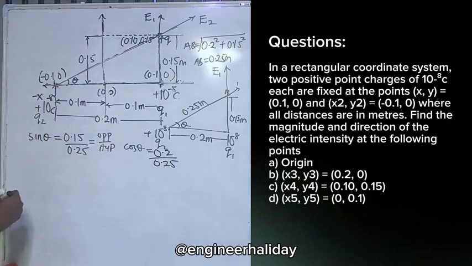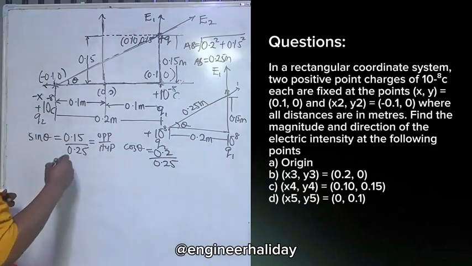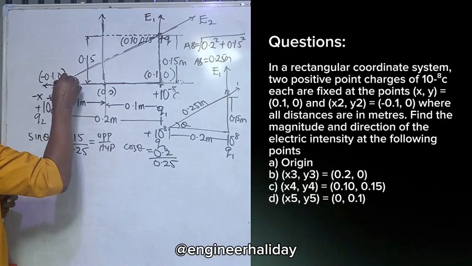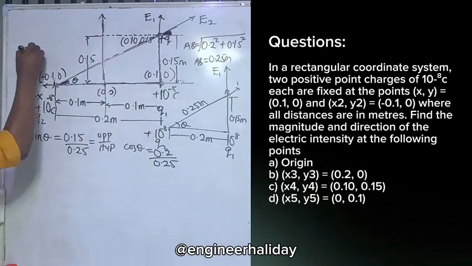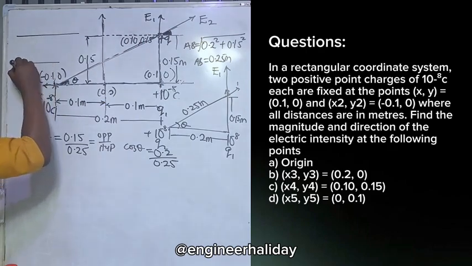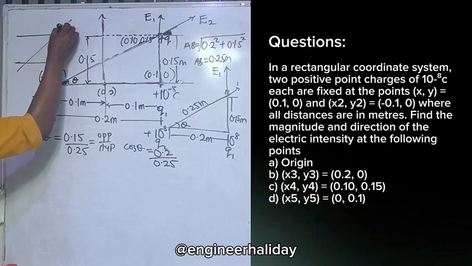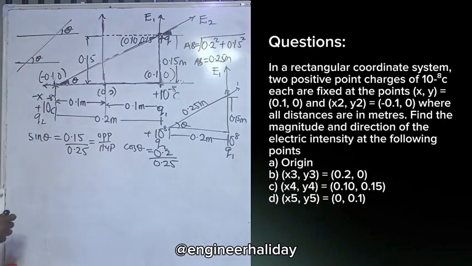Having done that, let's resolve it. Don't forget that this angle is equal to this angle, corresponding angle. When you have two parallel lines and you draw a line like this, this angle is corresponding to this angle. Don't forget.